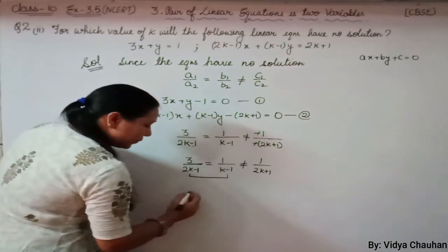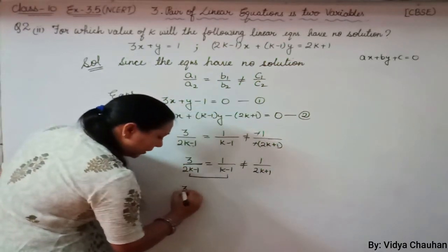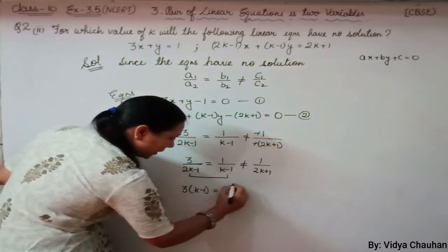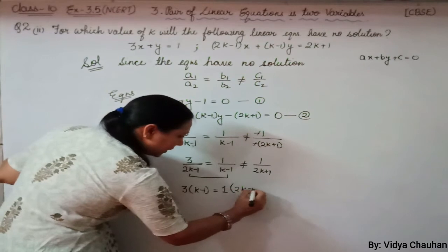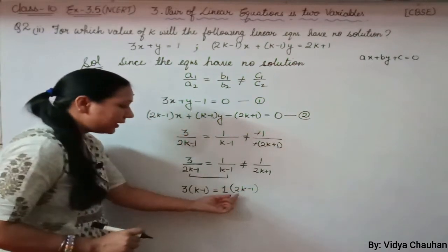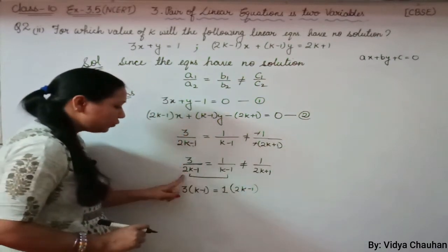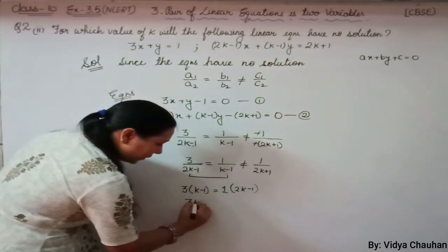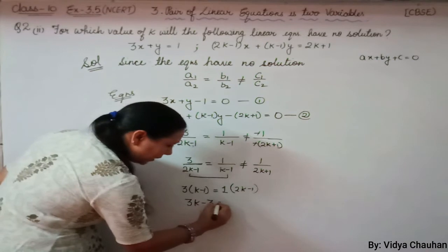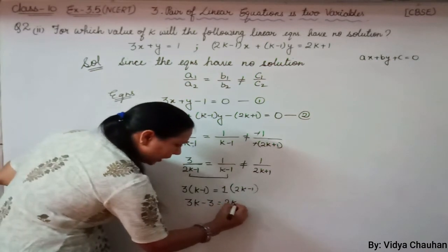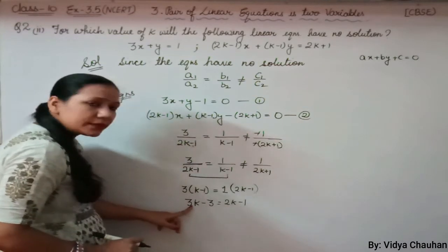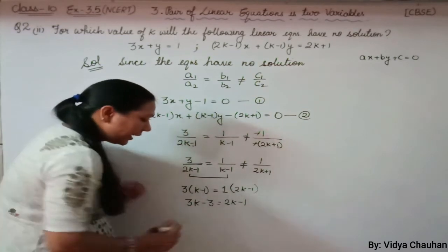Solving these two, you will get 3 multiplied by k minus 1 and 1 multiplied by 2k minus 1. So we cross multiplied 3 with k minus 1 and 2k minus 1 with 1. In the next step it will become 3k minus 3 equals 2k minus 1. Shift the value of 2k to this side and minus 3 to the right hand side.